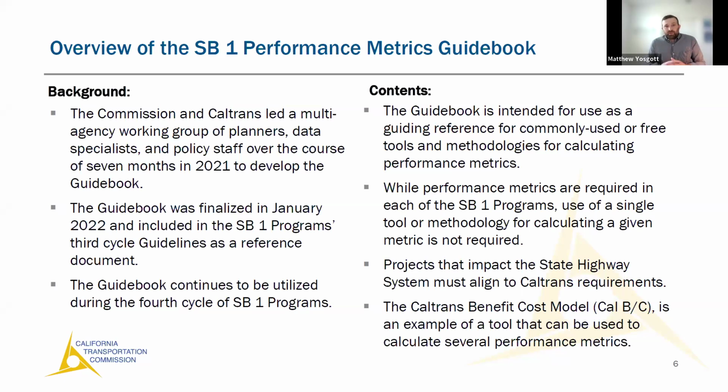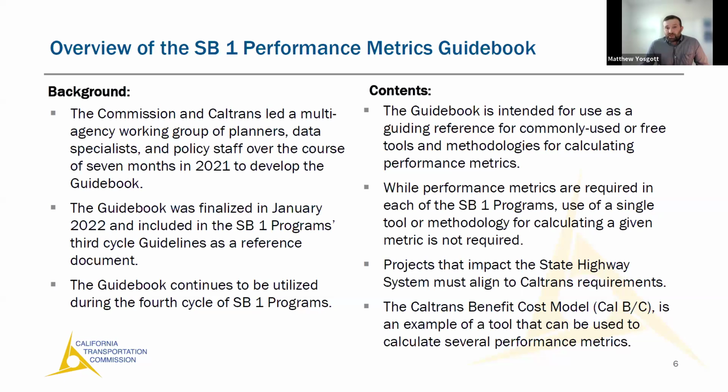So lastly, I will talk a little bit about the Performance Metrics Guidebook itself. And I want to describe that this was not something that we had available to applicants in the first two cycles. This was the SB1 cycles, I should say. This was something that the Commission and Caltrans led a very large multi-agency team of transportation planners, transportation data specialists, and transportation policy staff over the course of roughly 7 months back in 2021 to actually develop this performance metrics guidebook.